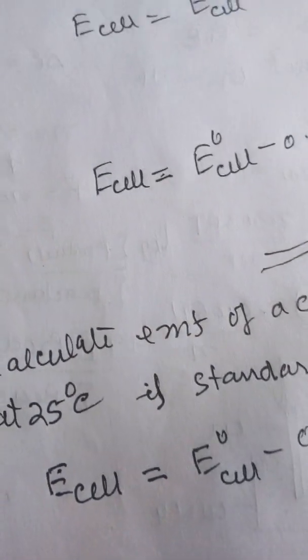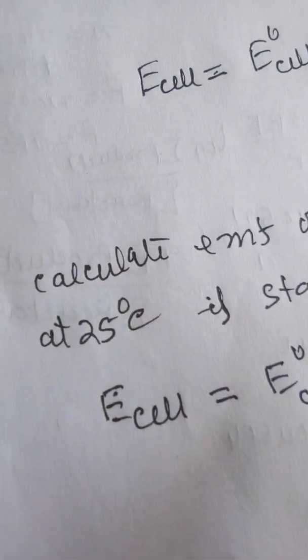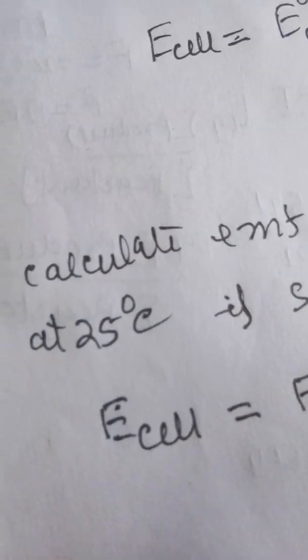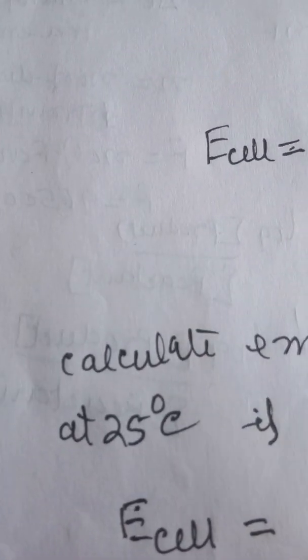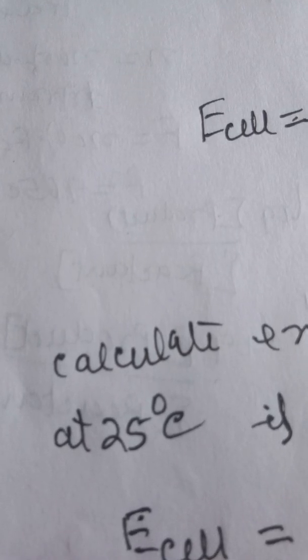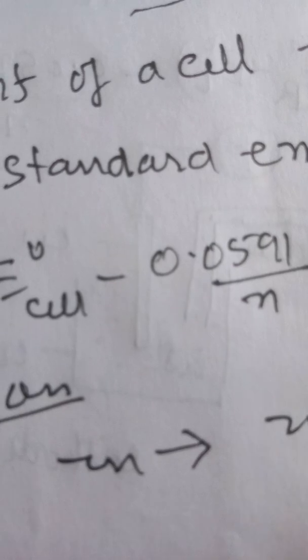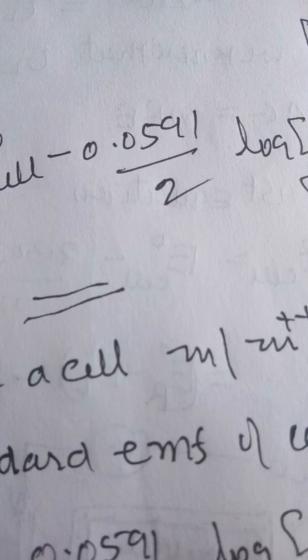So in this given cell, what will the cell reaction be? You can say the cell reaction is like this. Zinc is changed into zinc ion plus 2 electrons are released. This is the oxidation.